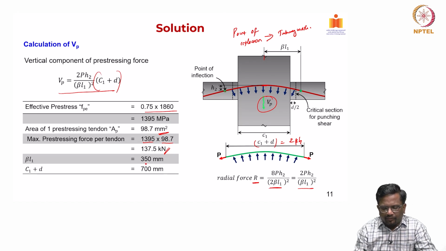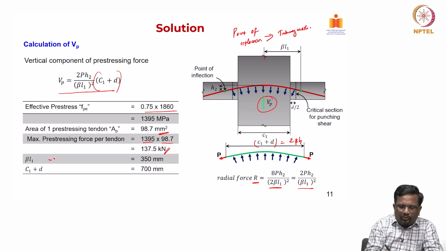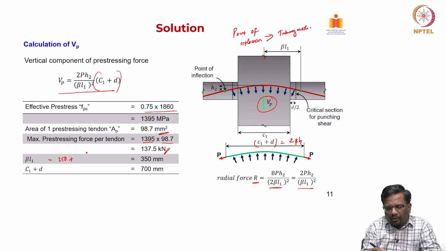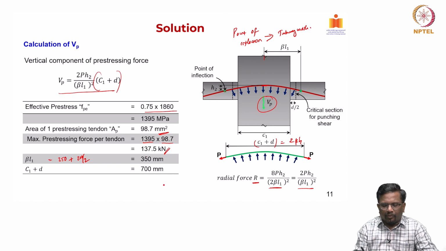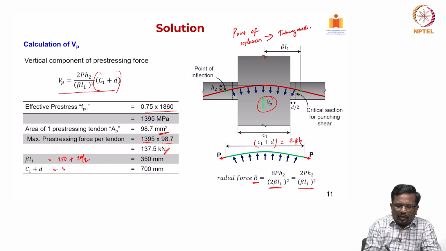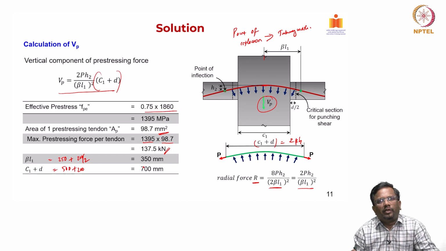So, how do we get 350 millimeter? Basically it is going to be 250, C1 by 2 plus D by 2, which is 200 by 2. So, that works out to be 350 millimeter. C1 plus D is nothing but 500 plus 200. So, you get 700 millimeter.